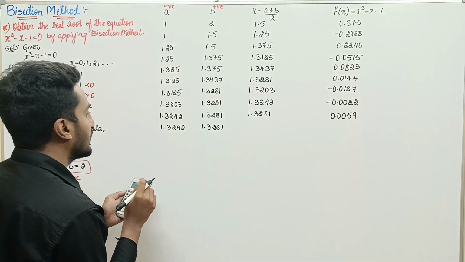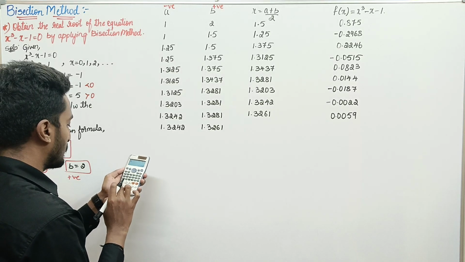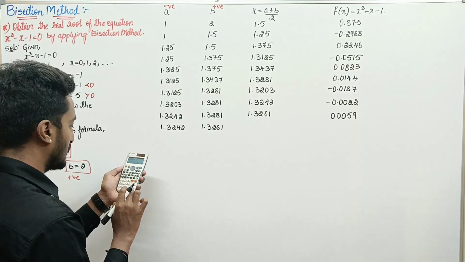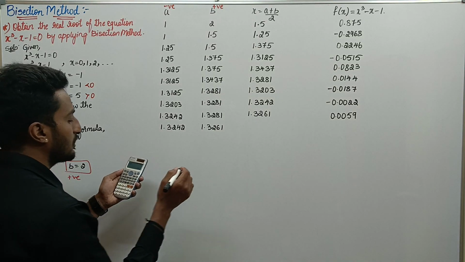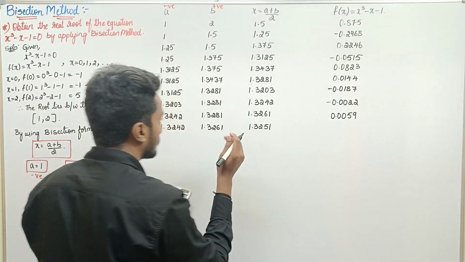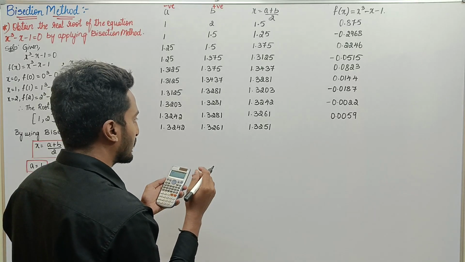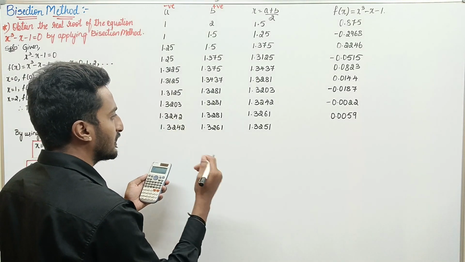Now substitute again in the place of A, 1.3242 equals 1.3261 equals, you get 1.3251. See, it has been reduced properly and you get an approximating value, nearest form.